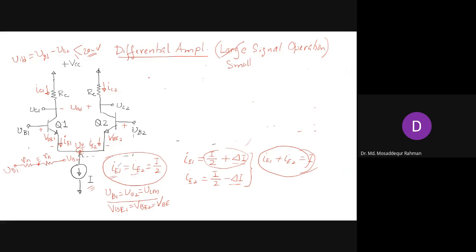For a small signal operation, if you want to analyze the circuit for a small signal, what do you do first? What is the first thing we do? Before drawing the equivalent circuit, you set the DC voltages and currents to zero.